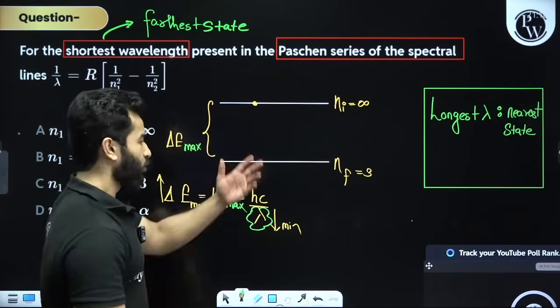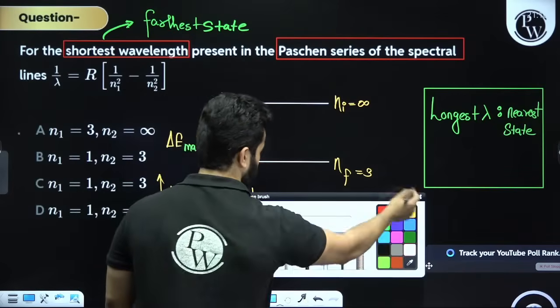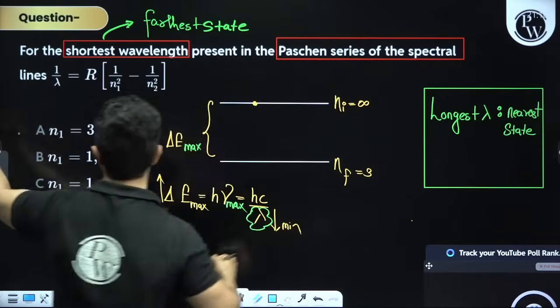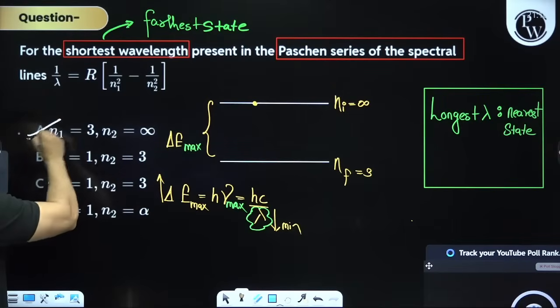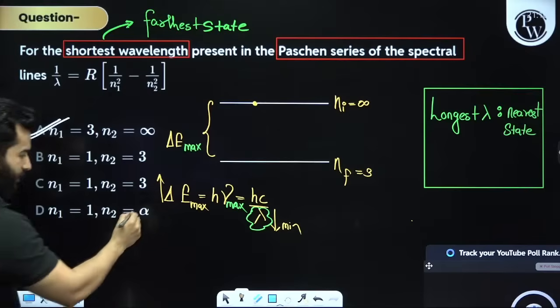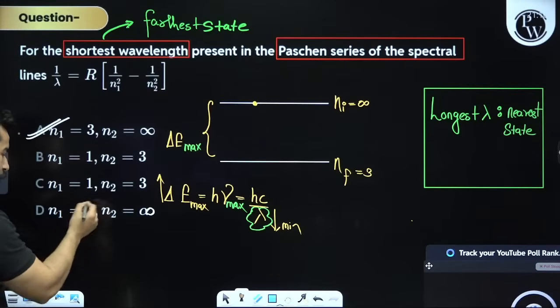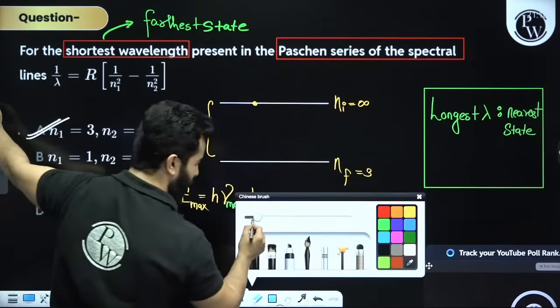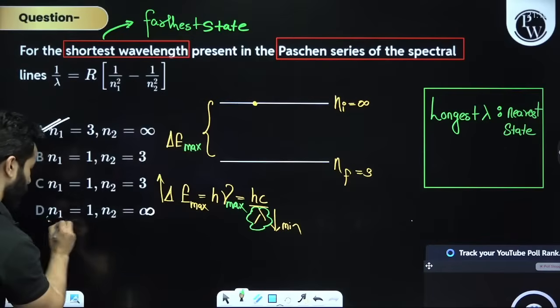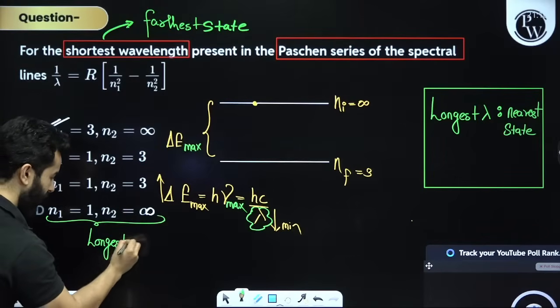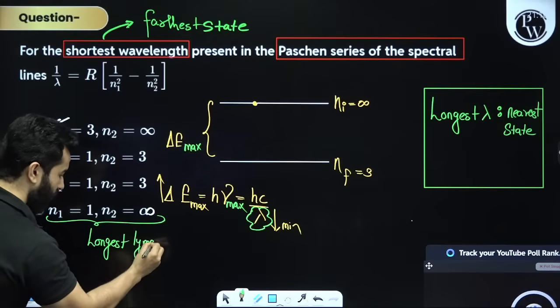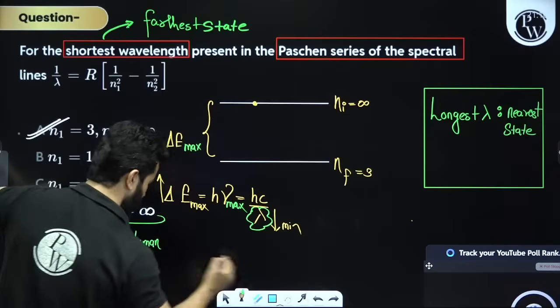Got it? So now let's quickly do it. Only one option is there. This is 3, so answer A is correct. Got it, my dear friends? This is also infinity, by the way, but this is for Lyman. This is for the longest Lyman wavelength.